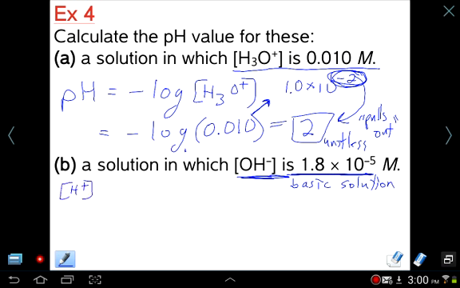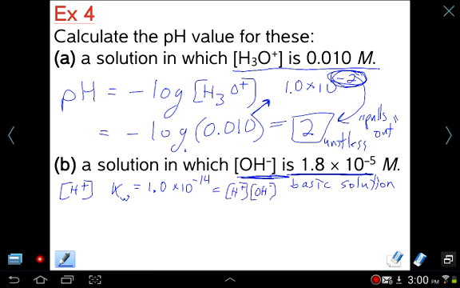And to do so, we'll use our Kw definition that we've seen just previously. Remember Kw, which is 1.0 times 10 to the negative 14, was equal to H plus times OH minus.